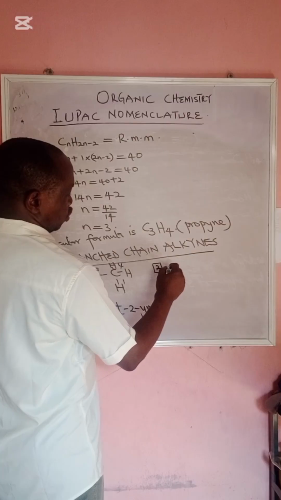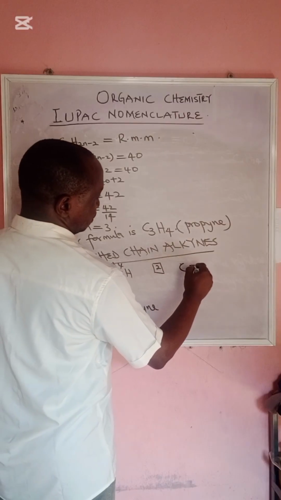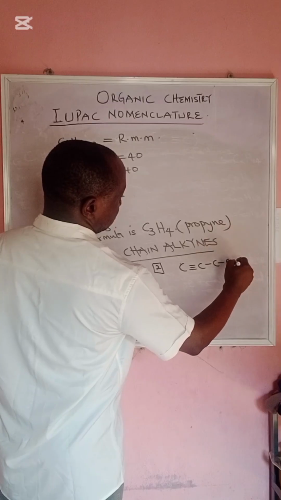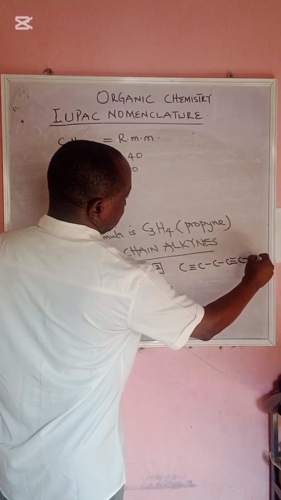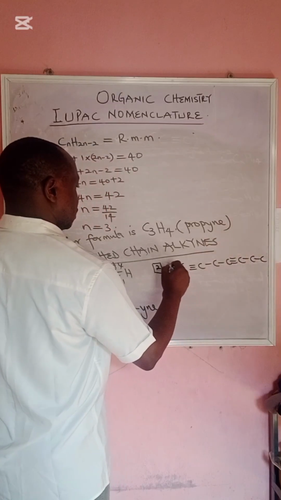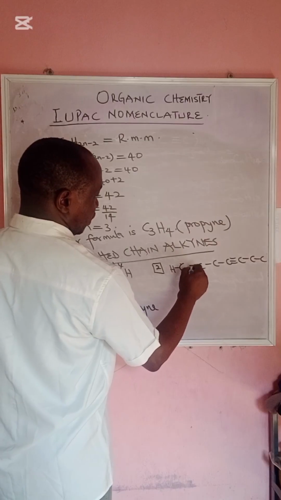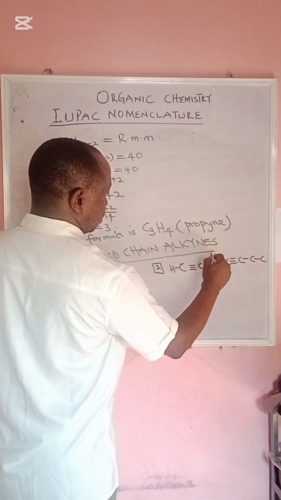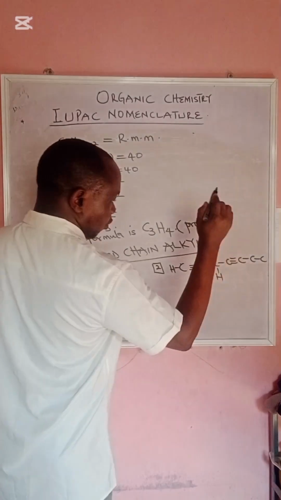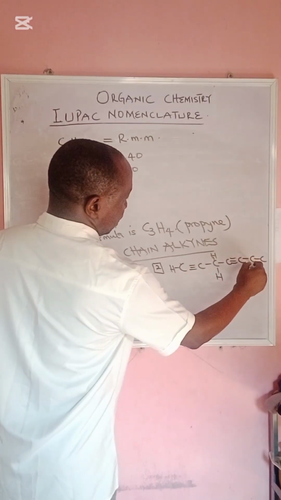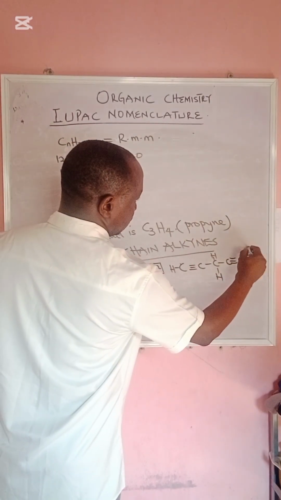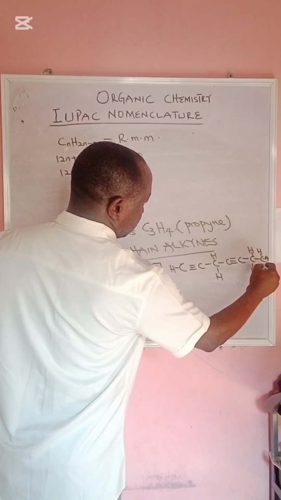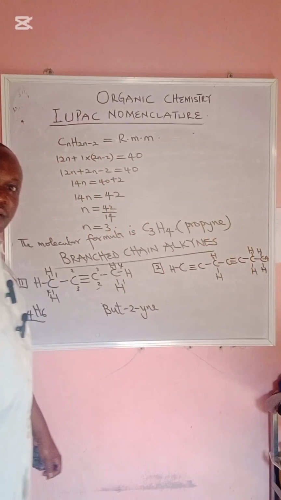Let's see number 2. You are given a longer chain, 1, 2, 3, 4, 5, and so on like that. You can see how hydrogen is being distributed.